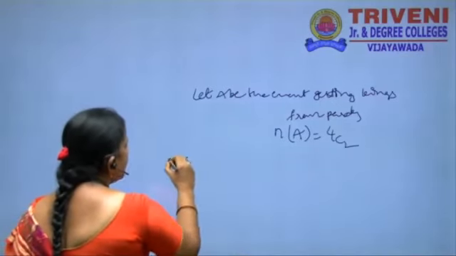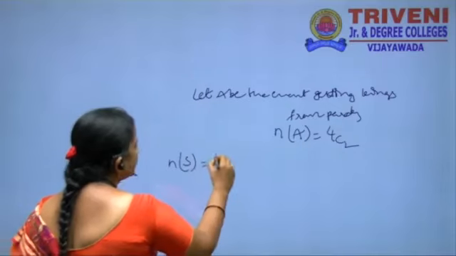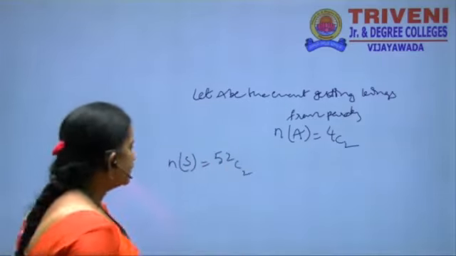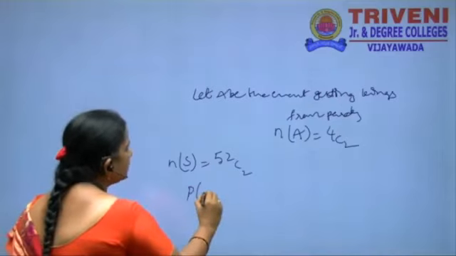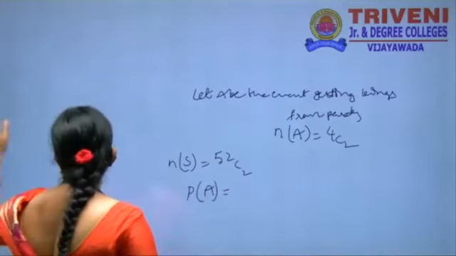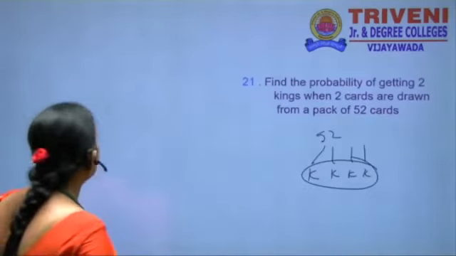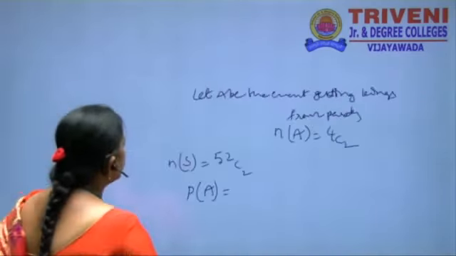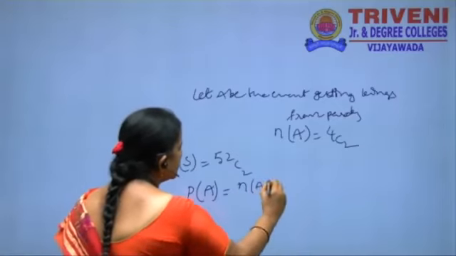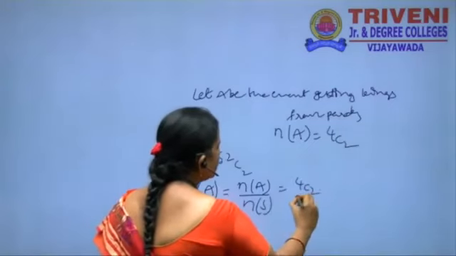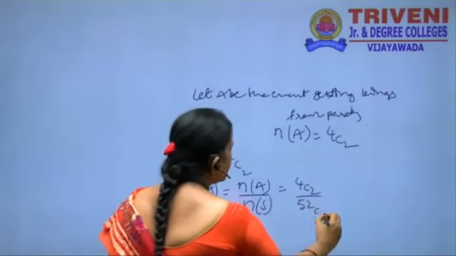Then n of S is equal to how many cards are there? 52. We have to select 2 cards. Then P of A, the probability of 2 cards drawn from a pack of cards, is P of A is equal to n of A by n of S. That is equal to 4C2 by 52C2.